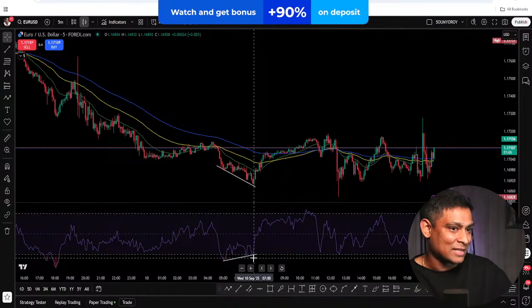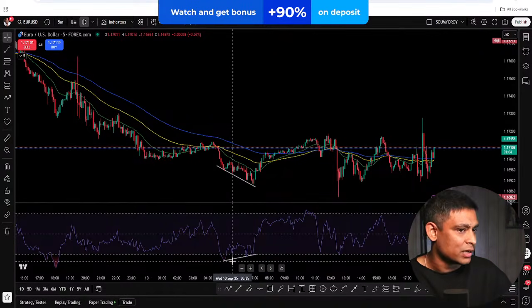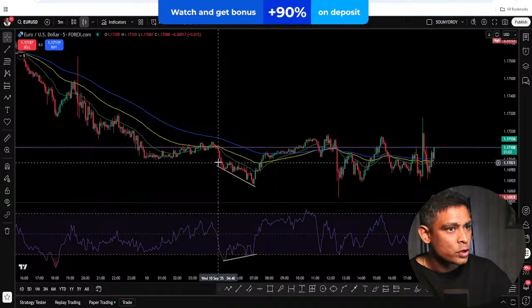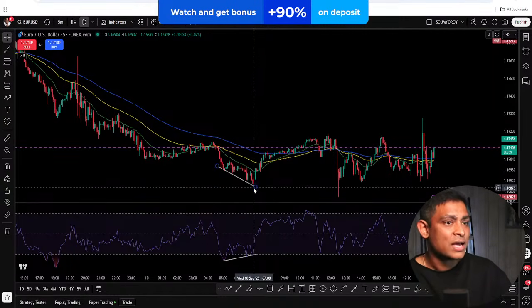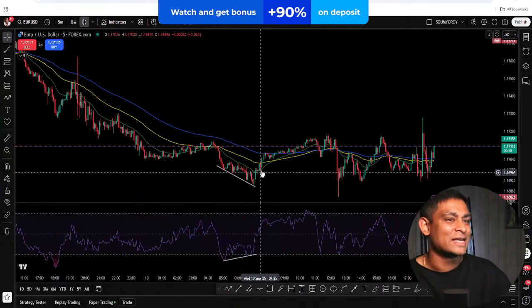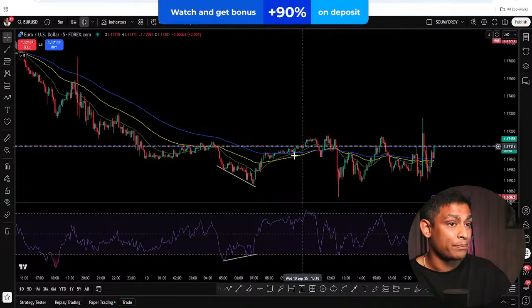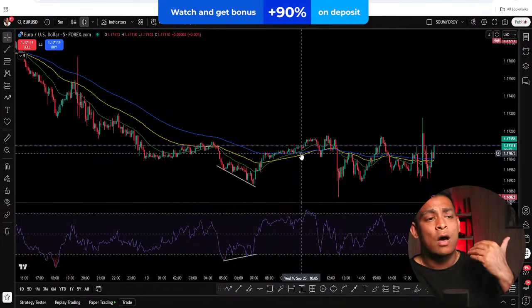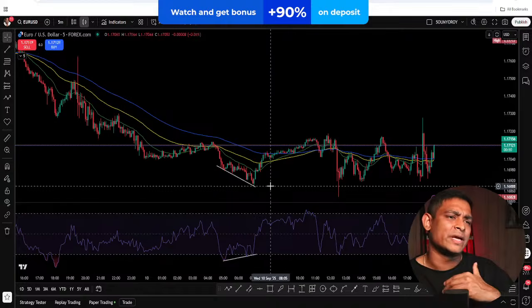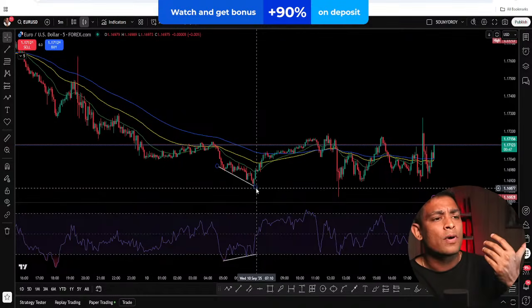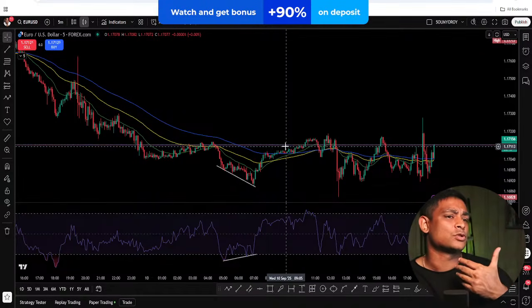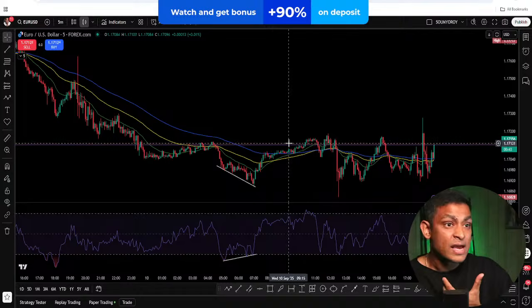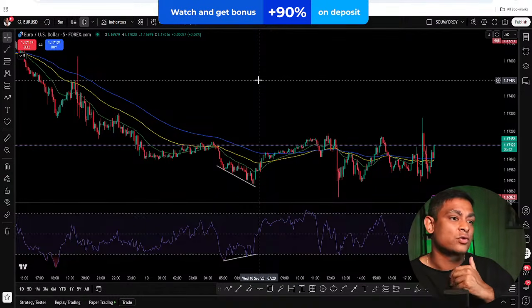You can see very clearly that once we figured out this divergence, the price is moving up. Now a lot of you might ask me, sir, but this didn't move up as much as we wanted. Yes, that is a very valid question.